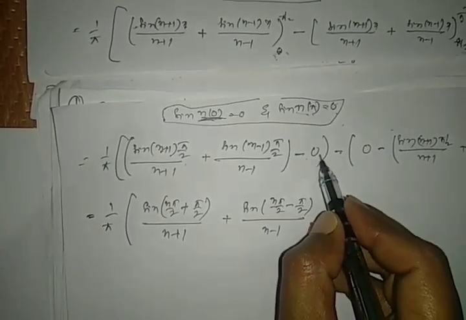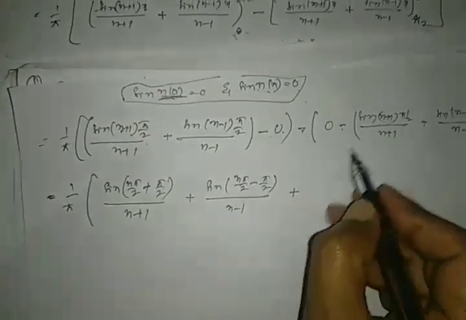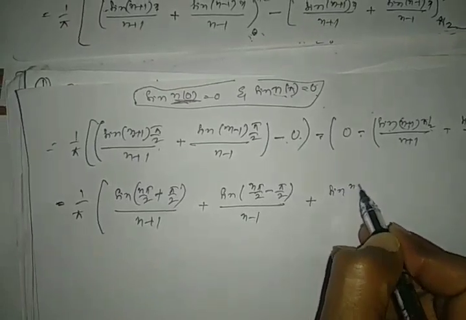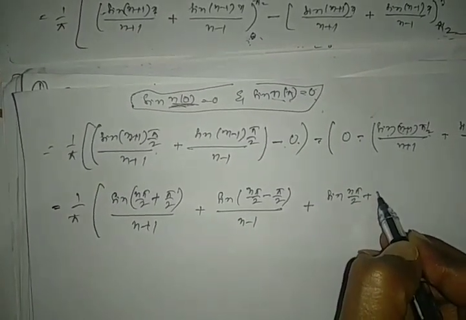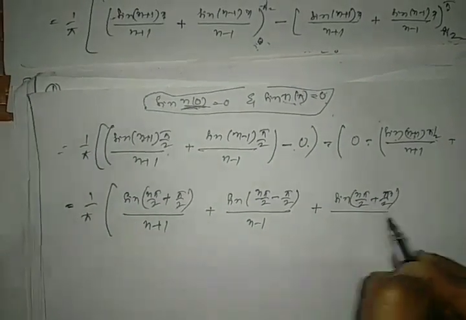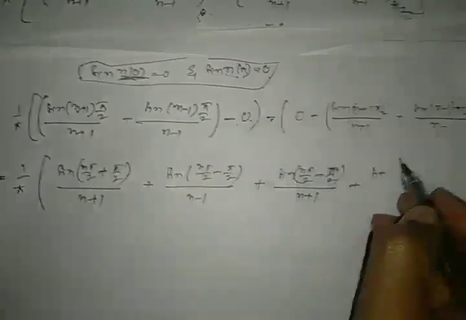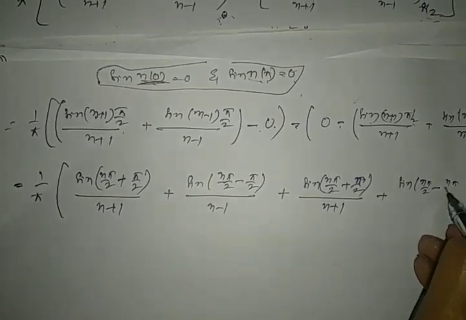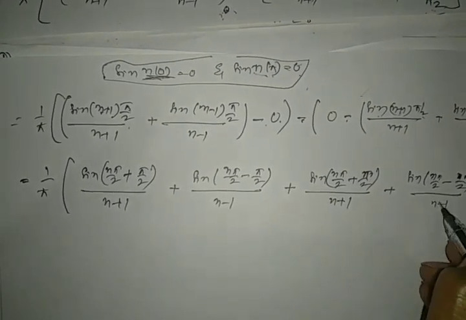So minus 0 need not be written, minus into minus is plus. The next sine here also multiplied with pi by 2, sine of n pi by 2 plus pi by 2 by n plus 1 plus sine of n pi by 2 minus pi by 2 by n minus 1.